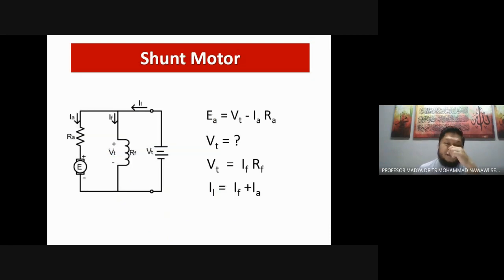Then we have the self-excited motor. If you look at the shunt motor here, the IF, which needs to generate the magnetic field in the motor, is actually supplied by the same terminal voltage, and this is known as a self-excited motor.